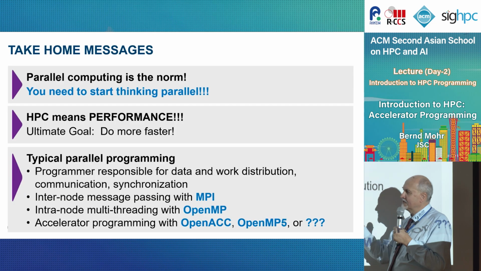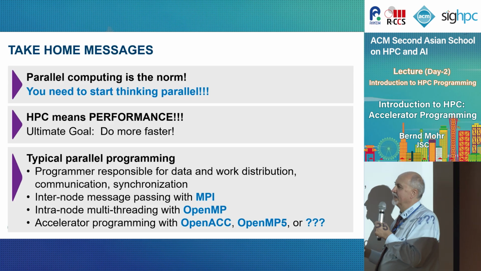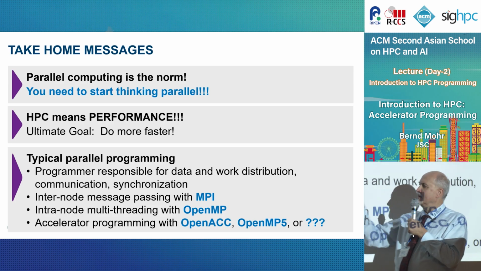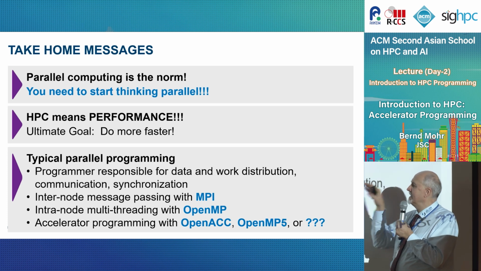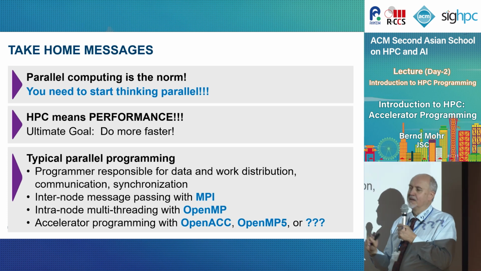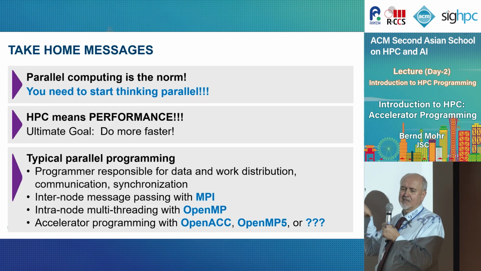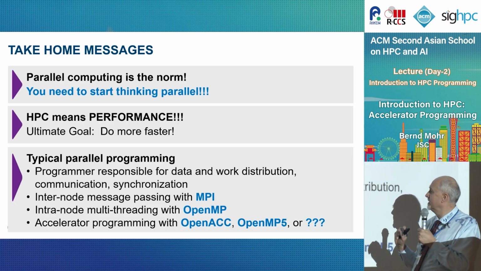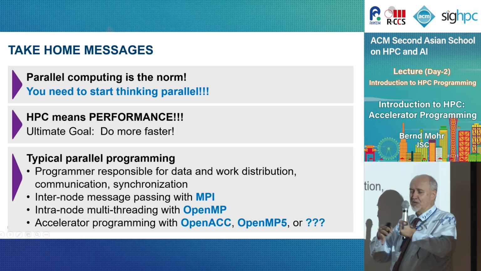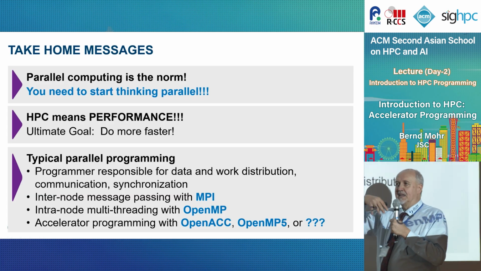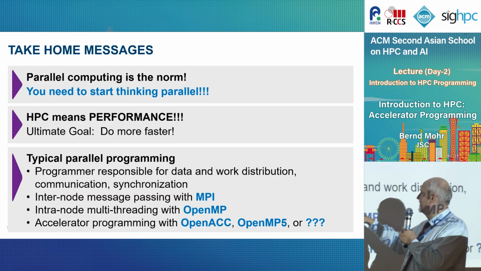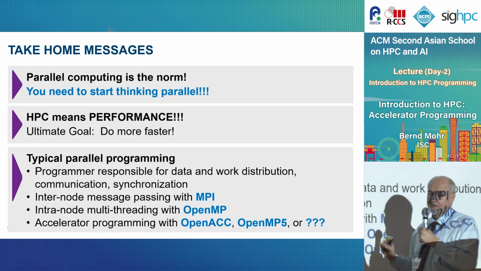Okay, so what is the situation with parallel programming? The programmer is responsible for the data and work distribution. If it's a shared memory system, like on a shared node, you don't need to think about data distribution, but work distribution, how to split up the work, you have to do anyhow. And on a distributed memory computer, you also need to think about data, communication, and synchronization.